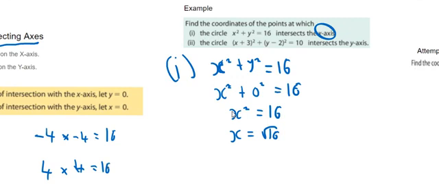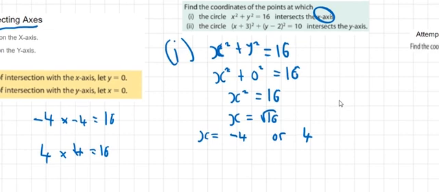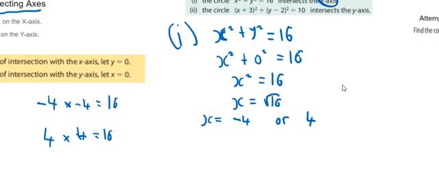So there are two possible values for x: x equals -4 or 4. Because you know the x values could be -4 or 4, my two points will be -4, 0, because remember I've let y be 0 at the top here.